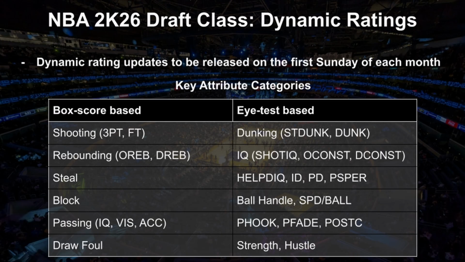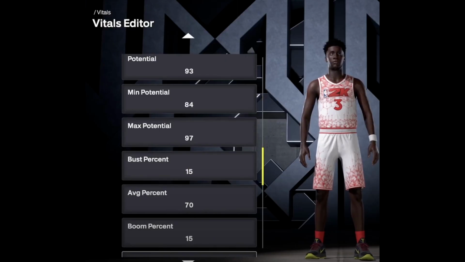The next area of emphasis I want to touch on with my draft class has to do with the potential ratings for each player, and not only the surface level potential rating, but also the minimum and max potential ratings and the associated boom and bust probabilities for each player as well.